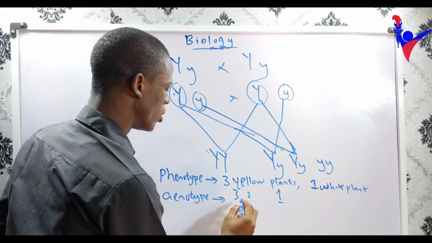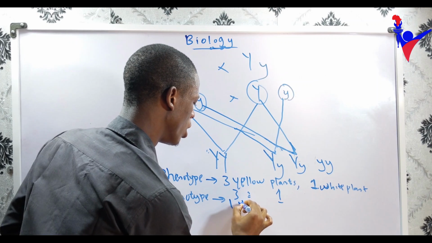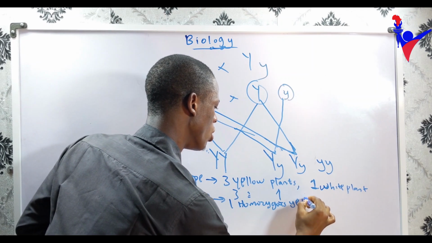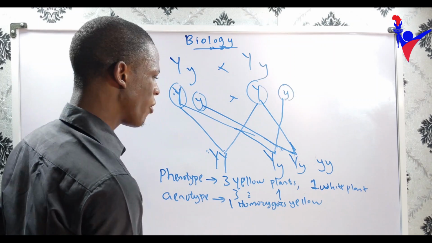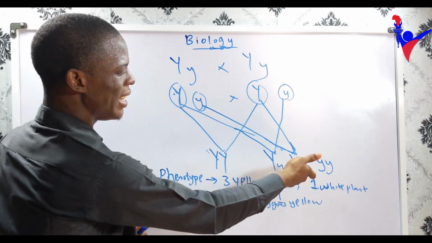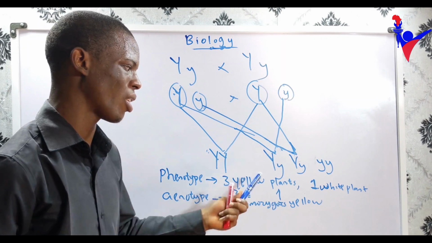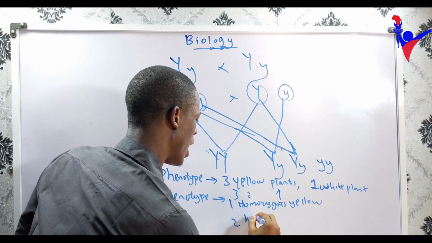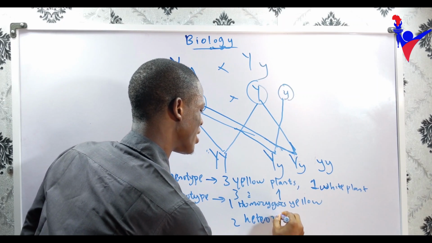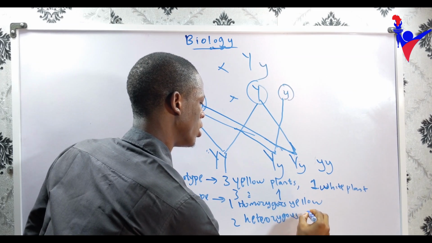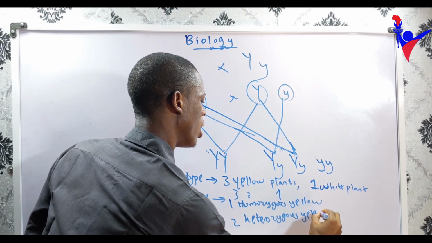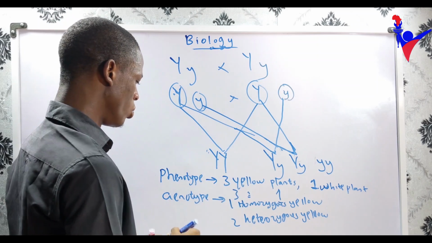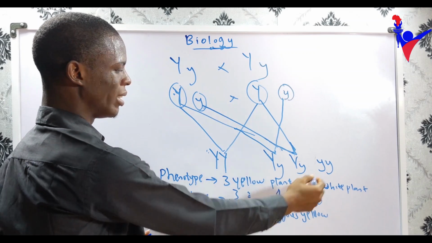We have 1 homozygous yellow, and since these are contrasting characters, we have 2 heterozygous yellow, and the other one we have, one which is the white.